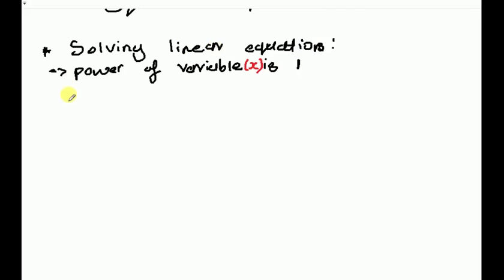Let me give you an example of what I'm talking about. This is an example: 2x plus 2 is equal to 1. You can check that the power of our variable is 1.